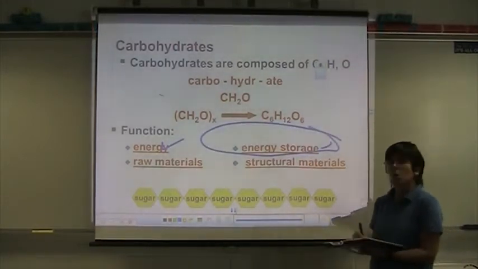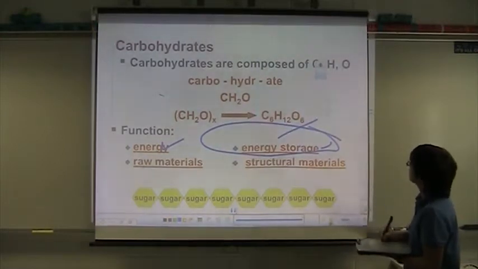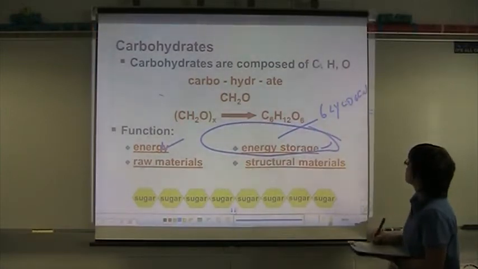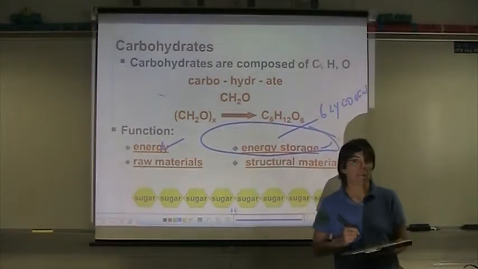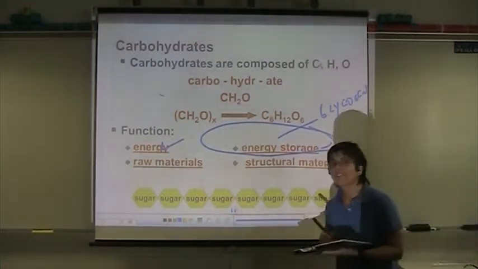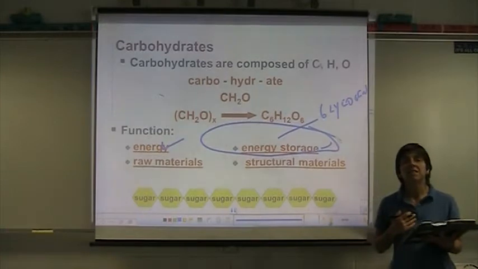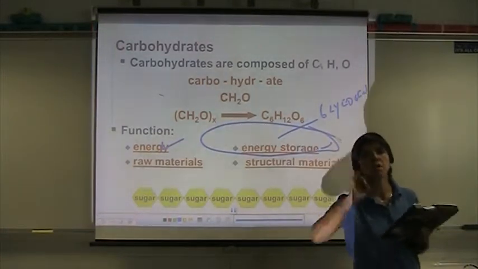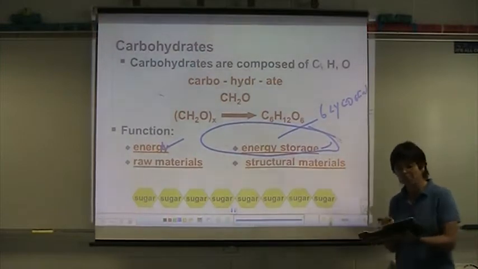That's a little known function that people tend to forget sometimes. And that is a molecule called glycogen. We store extra sugar, extra carbohydrates in a molecule called glycogen, and you store it in your liver and muscles. You didn't know that.